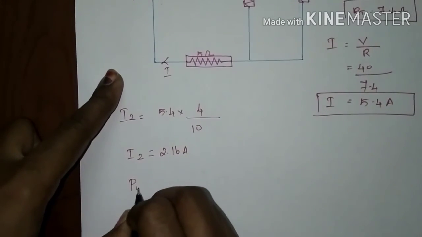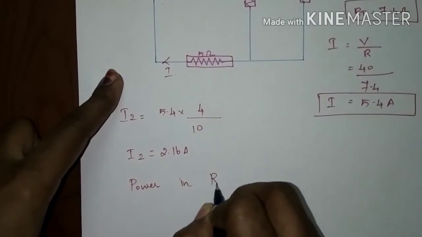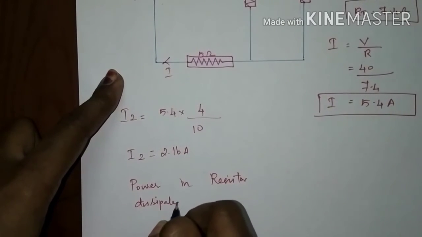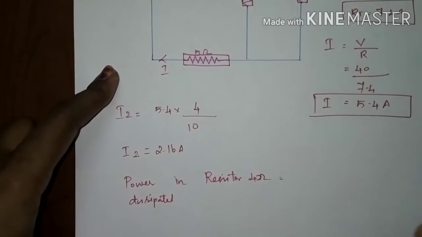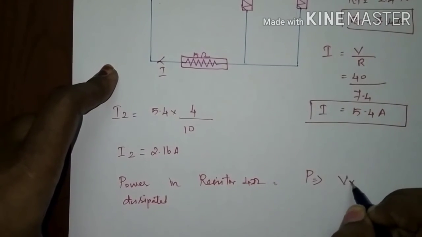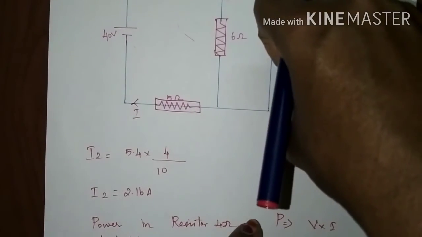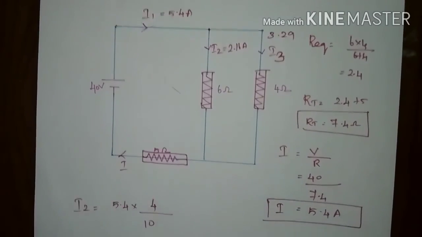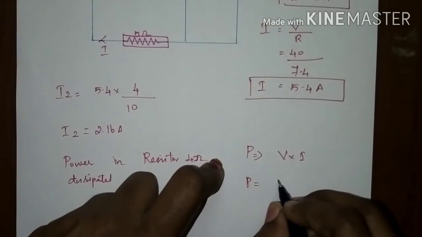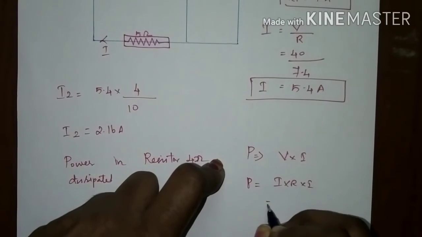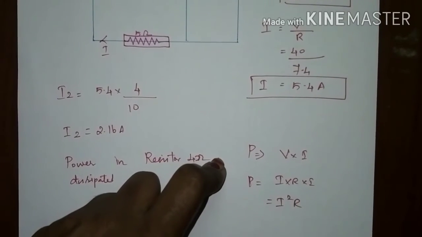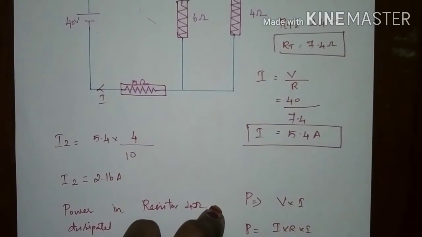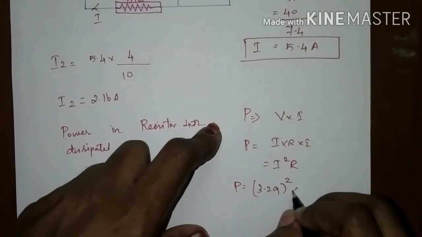Now they have asked for the power dissipated in the 4 ohm resistor. Power can be given by the formula V into I. We need the voltage value of this 4 ohms, or we can represent the voltage in terms of Ohm's law, so the power equation can also be represented as I square R. The current flowing through 4 ohms is 3.29, the whole square, into the resistance value 4.